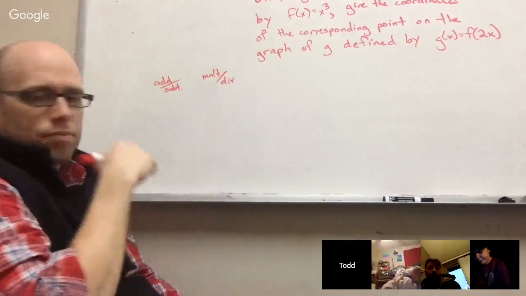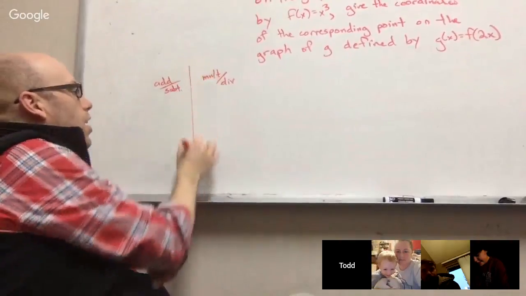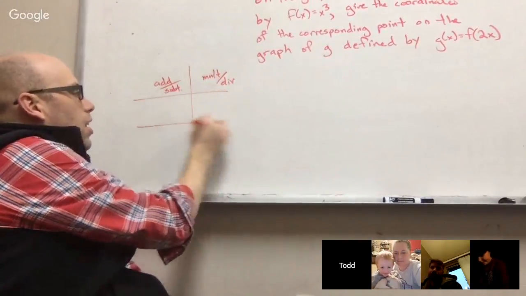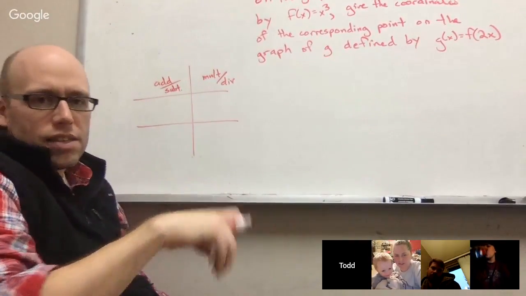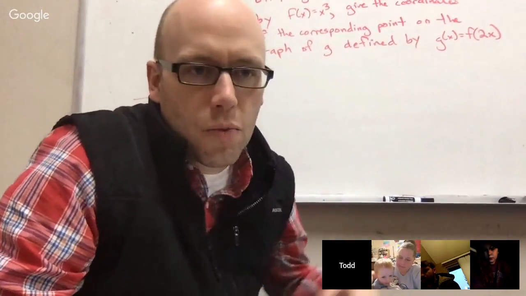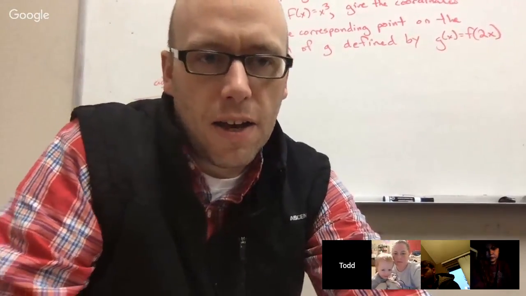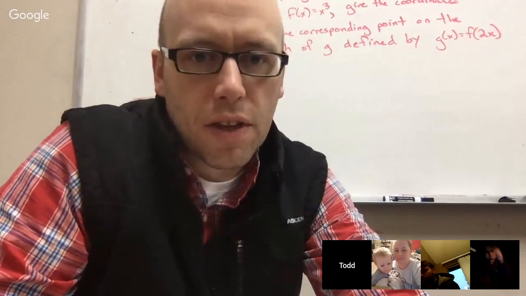Is that okay? Now, let's think about what this is going to do to a graph. A really good way to see this is to just play with a graph for a second.